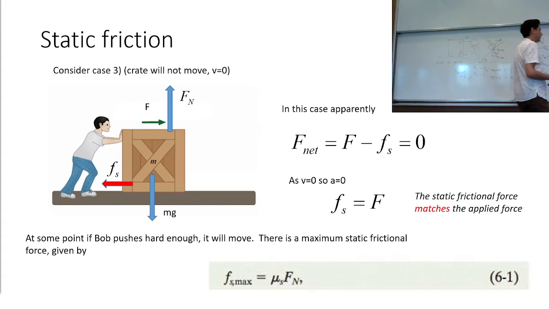Fine, but what if I pushed with, say, initially 10 newtons? What we've just deduced is that if I'm pushing this with 10 newtons this way, the frictional force must be providing a force in the opposite direction of 10. But what if I now relax a bit and push with 5? What would the frictional force be? Also 5.